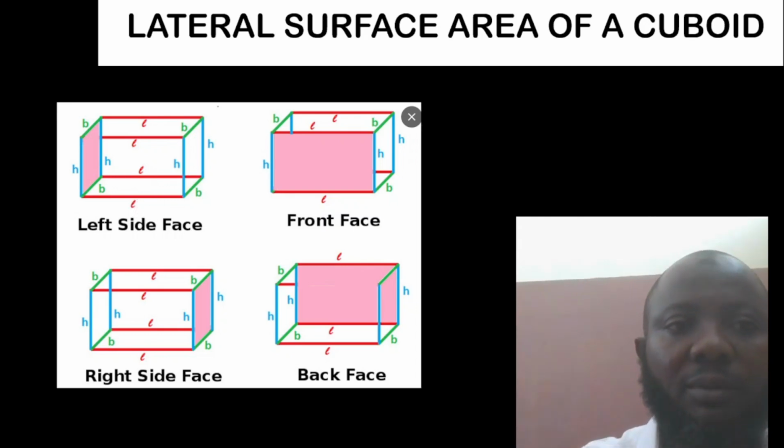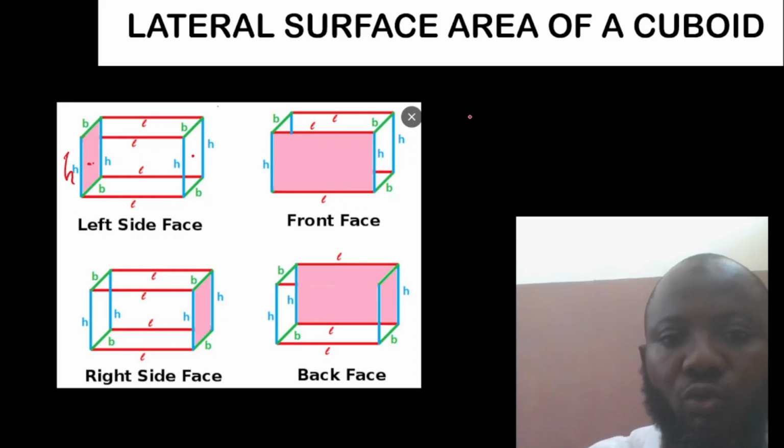So this is going to be the length. We are only looking at the height, this side and this side, which is BH.